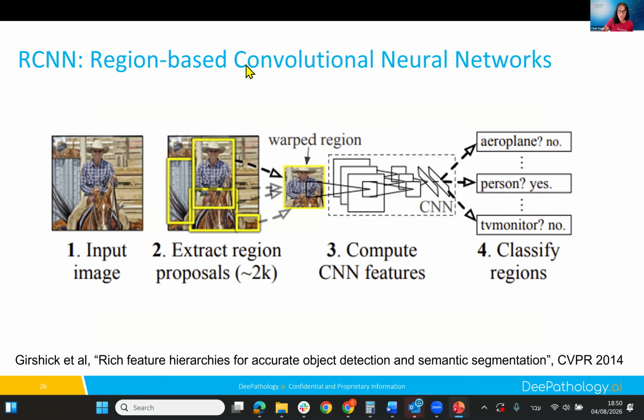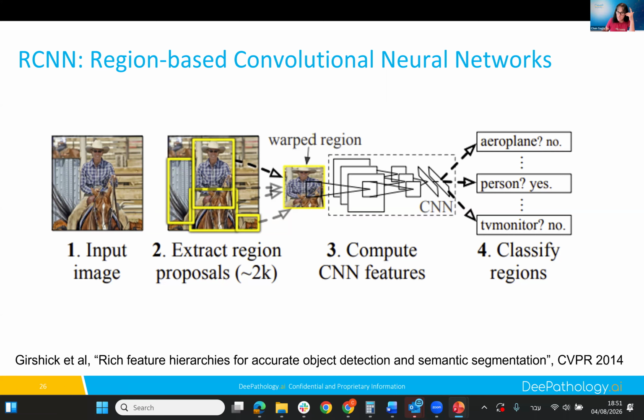And Ross Girshick actually came with a series of super important methods for object detection, the family of RCNN, region-based convolutional neural network. And you see that it's 12 years old, still in use. And again, this means that it's a good thing. So what did he do? You take the input image, you are designing some region proposal mechanism.